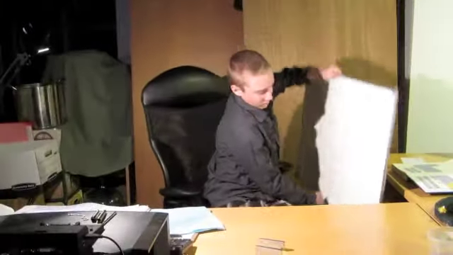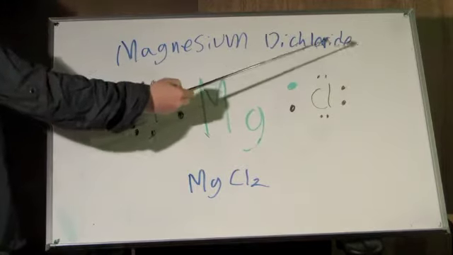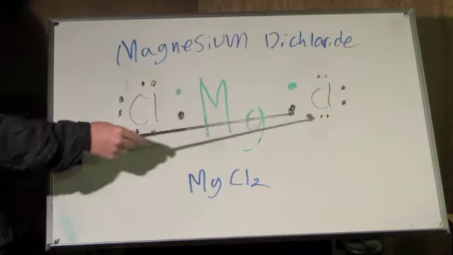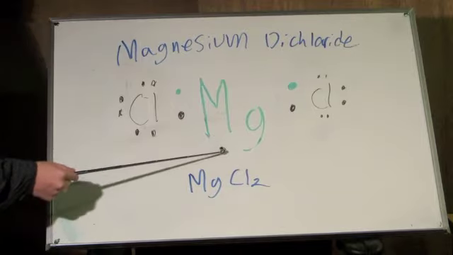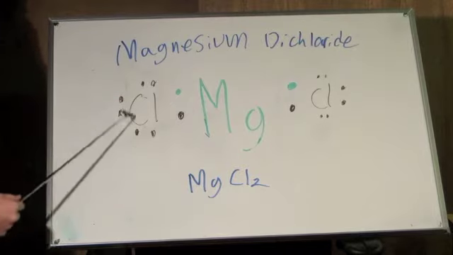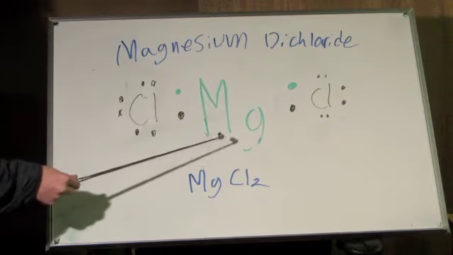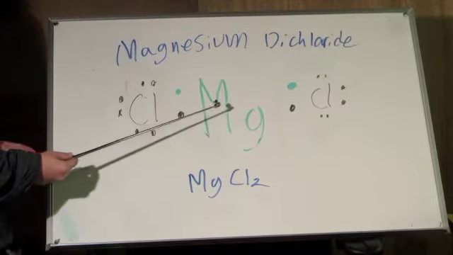Now we will talk about covalent chlorides. Here we have a covalent bond. It is magnesium dichloride, di meaning 2, meaning we have 2 chlorines to even out our magnesium, because chlorine has 7 valence electrons and magnesium has 2, so there'd be a leftover valence electron, and that's not possible.